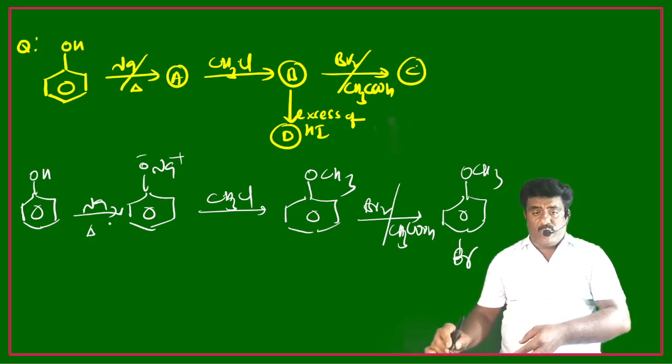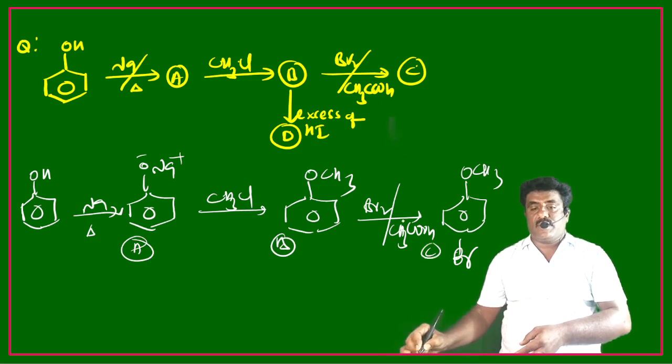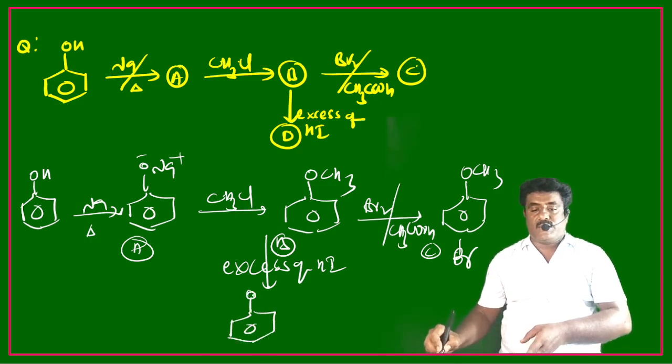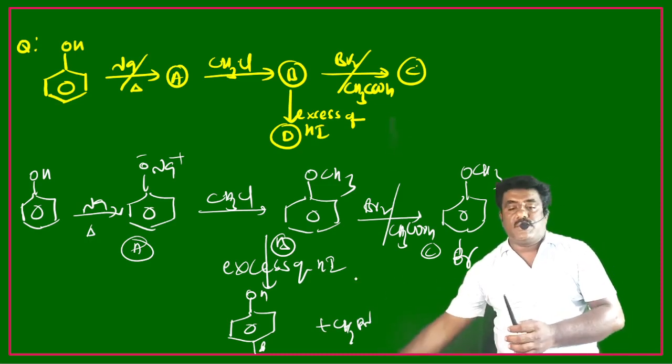If it is A, this is B, this is C. We are taking B in presence of excess hydrogen iodide. What happened? It forms OH with the Br, and CH3Br. See, wait.